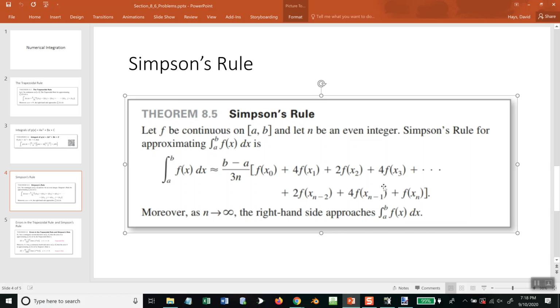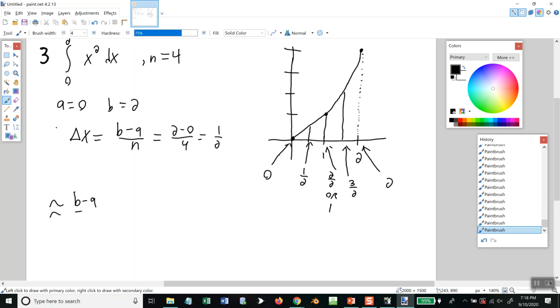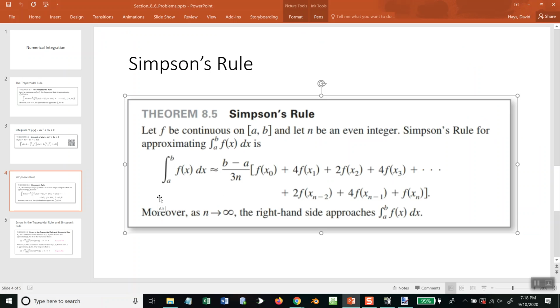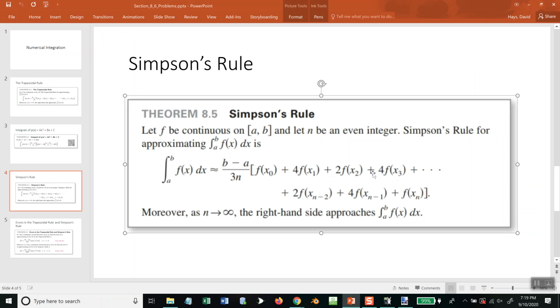So we're going to have b minus a over 3n. First one doesn't have a number in front of it. The last one doesn't have a number in front of it. So I'll put it over here. And notice the last one is based upon n.